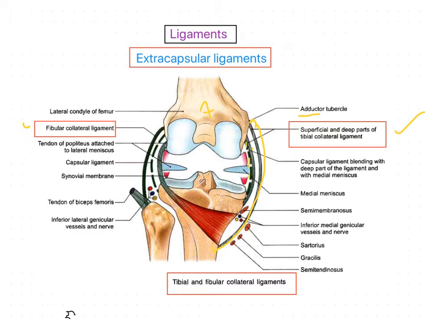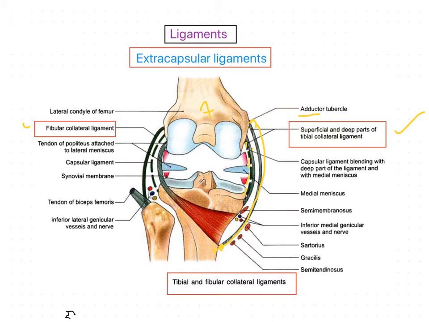by one or two bursae. It is attached below to the medial border and posterior part of the medial surface of the shaft of the tibia.